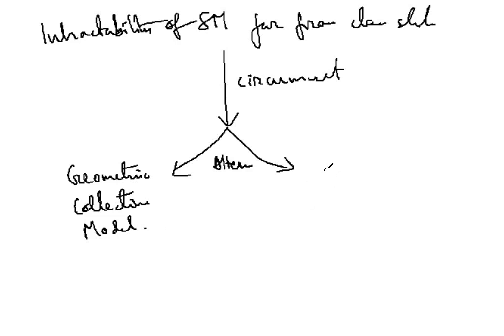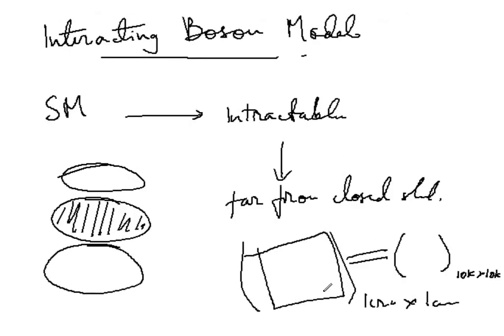Now the other alternative is the algebraic collective model. What is this model? The approach is very simple. I have already talked about it. Just like before an examination, you students always ask us, sir, which question will come?